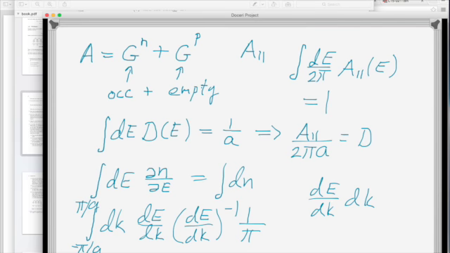Well, now that's an easy integral to do. And what am I going to get? I'm going to get 2 pi over a divided by pi, so that's 2 over a, and you got an extra factor of 2 somewhere.